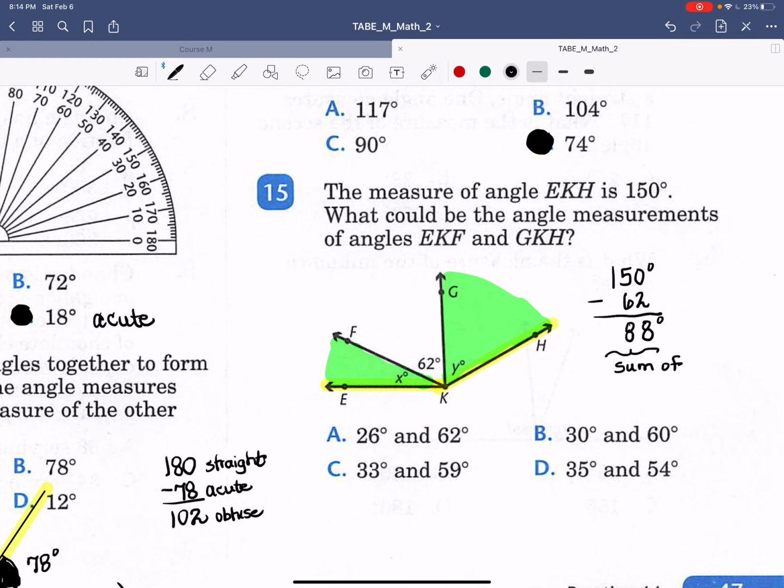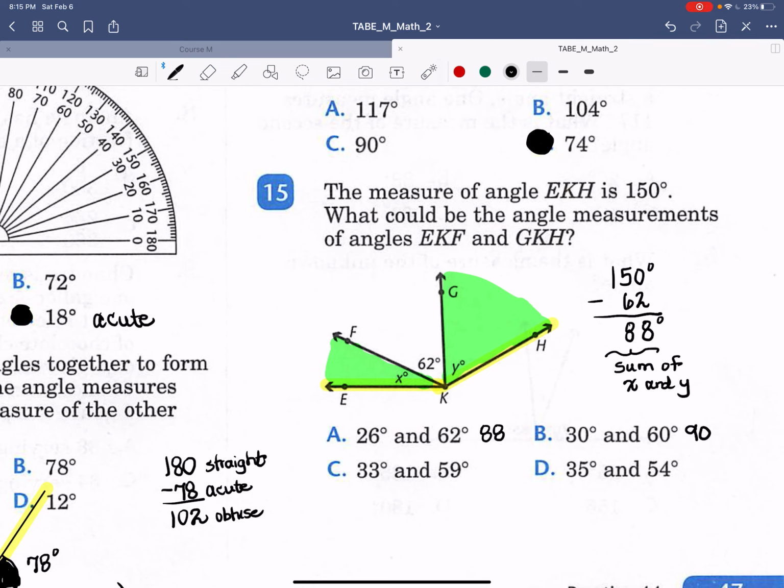So this will be the sum of our x and our y. So whatever I choose, we have to get a total of 88. So let's add them up. A is 26 plus 62. That's 88. B is 30 and 60. Those are complements.